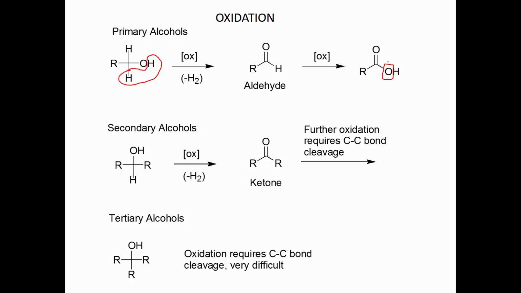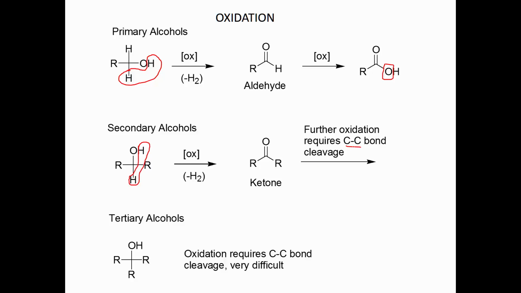Okay, if we take a secondary alcohol, we can do a very similar reaction. We can remove these 2 hydrogens right here in an oxidation reaction, and this makes a ketone. So a secondary alcohol gives a ketone, and the further oxidation of a ketone is a little bit more difficult because you'd have to break a C–C bond.